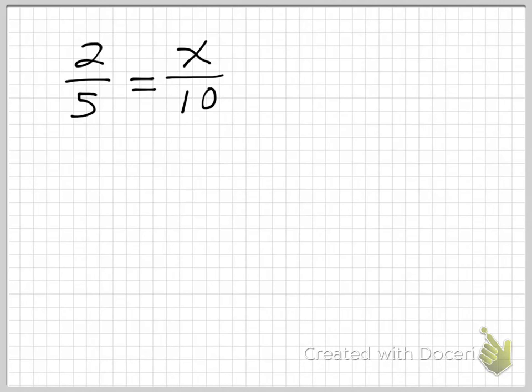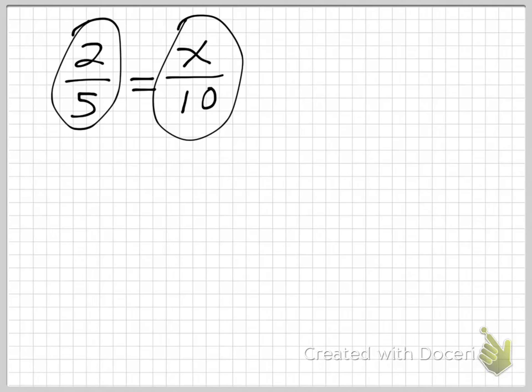Isn't that what a proportion is, when two ratios are equal? You do. These two ratios form a proportion. How do you know that they are equal to each other? Because there's an equal sign telling you that they're equal.